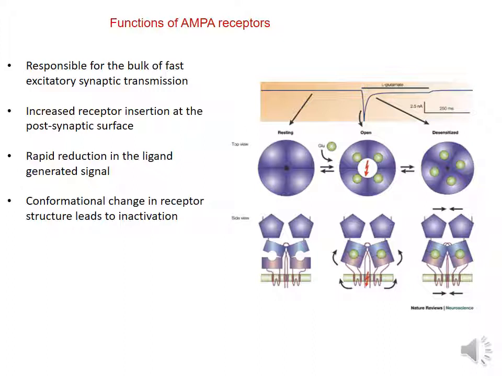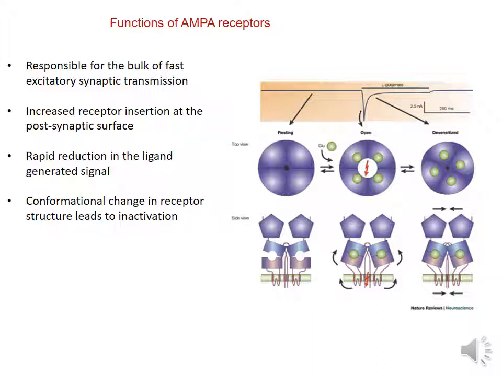Recent studies have suggested that indeed the overall conductance of a synapse is increased by receptor insertion rather than modification of existing receptors. And there are different proteins, specifically scaffolding proteins, that allow that to happen, that anchor the ionotropic receptors, the AMPA receptors, and also NMDA receptors to specific places at the postsynaptic membrane.